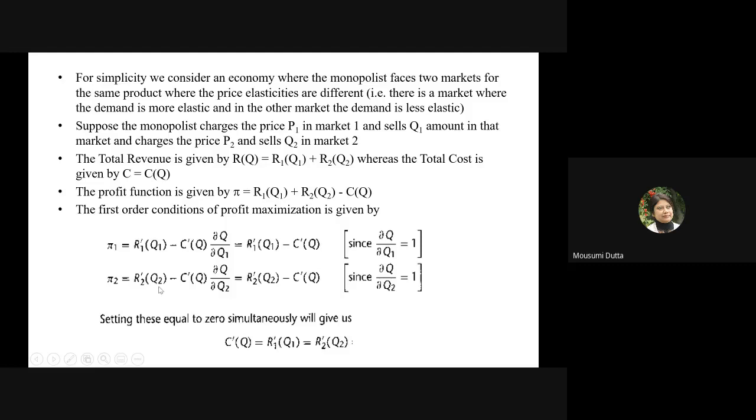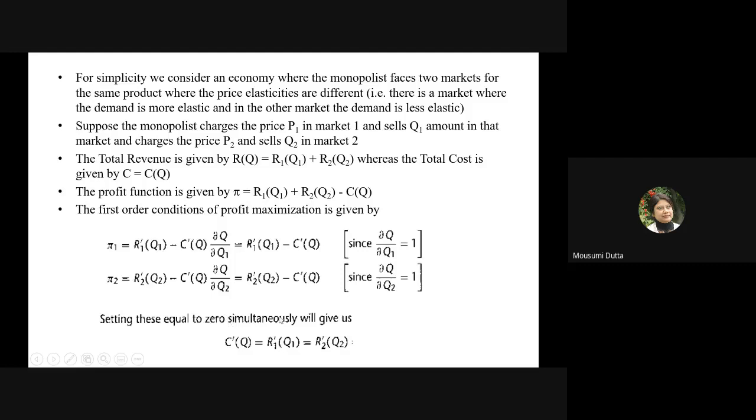Del pi by del Q2 is equal to R2 prime Q2 minus C prime Q times del Q by del Q2. Following the same logic, it is equivalent to R2 prime Q2 minus C prime Q. Setting these equal to 0 by the first order condition of profit maximization, we will get R1 prime Q1 is equal to C prime Q and R2 prime Q2 is equal to C prime Q.